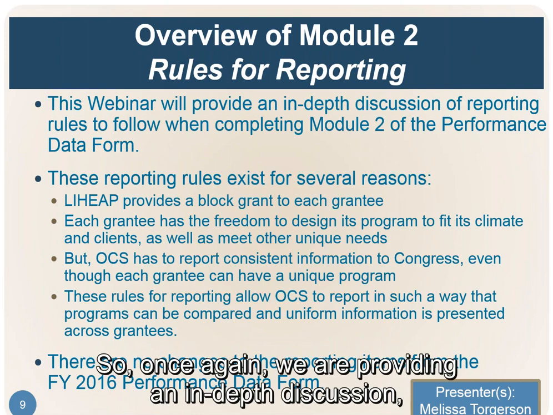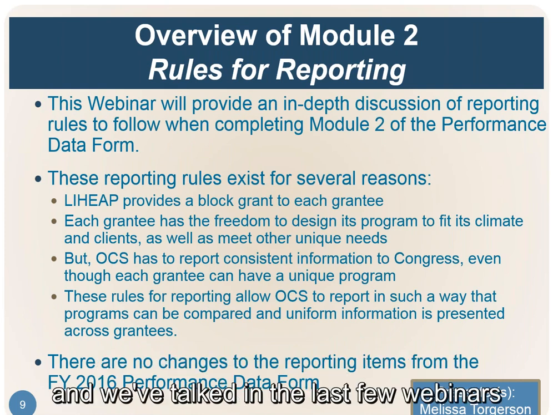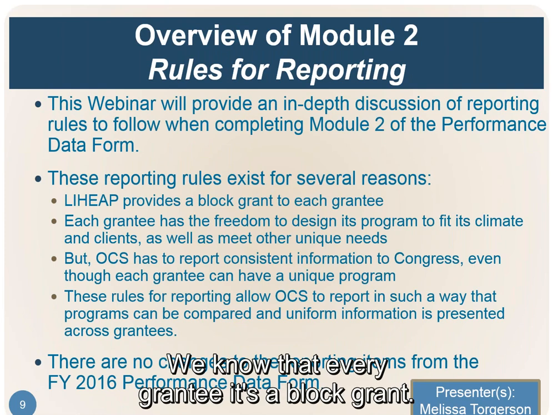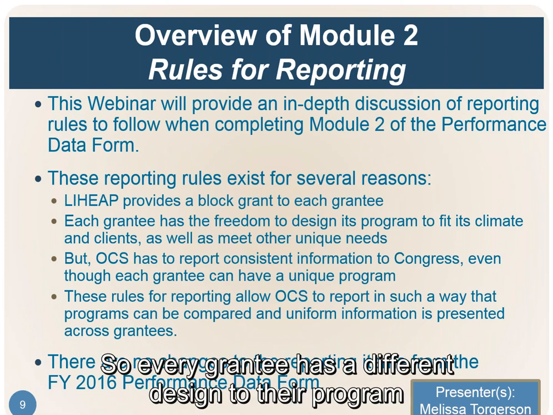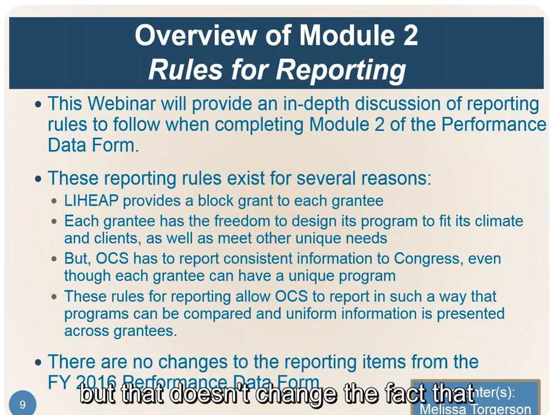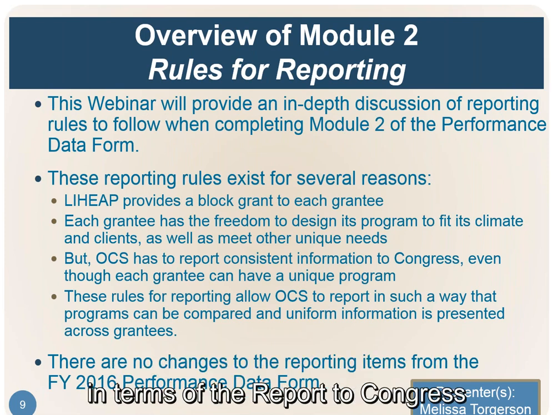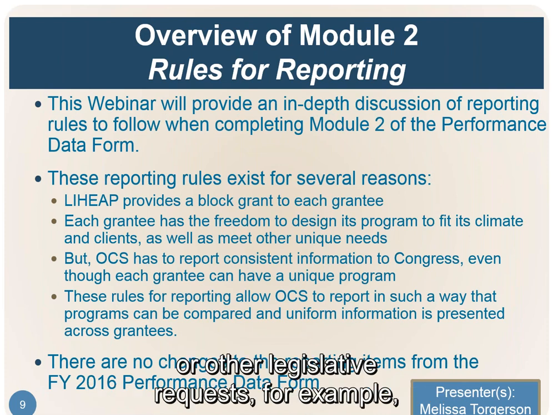So once again, we are providing an in-depth discussion, and we've talked in the last few webinars about the reason we need this. We know that it's a block grant, so every grantee has a different design to their program, but that doesn't change the fact that OCS has to provide some sort of consistent reporting in terms of the report to Congress or other legislative requests, for example.